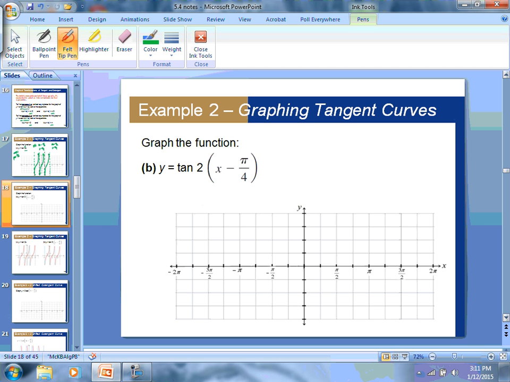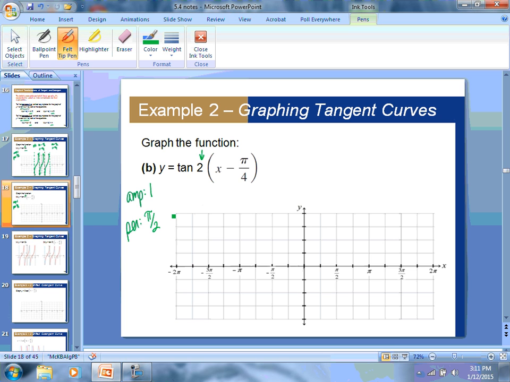Tangent of 2 times x minus pi over 4. Again, I could say that I have an amplitude of 1, or the absolute value of 1, which is 1, since there's a 1 out in front. My period is going to be pi divided by that k value, which is 2. So pi over 2 is going to be my period.